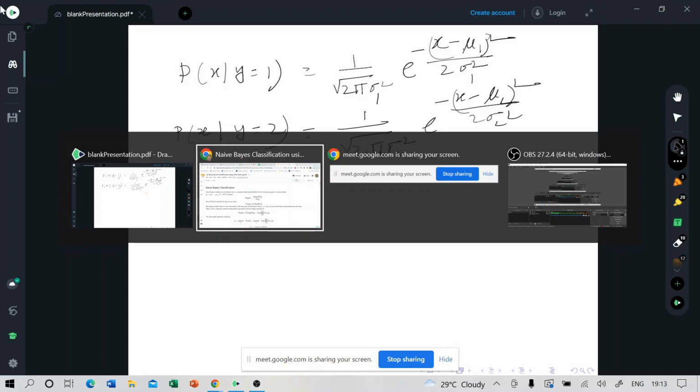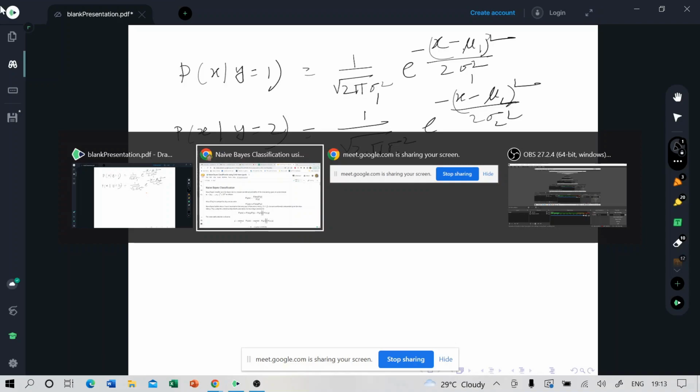What it does is assume that for a given class, the features are independent. If we take a multivariate Gaussian assumption, the number of parameters will be quadratic in the feature dimension. But if we take a Naive Bayes assumption, we assume that the features are all independent of each other.